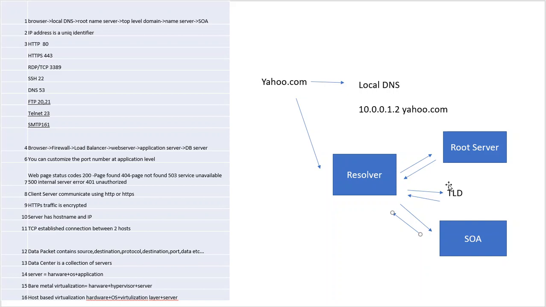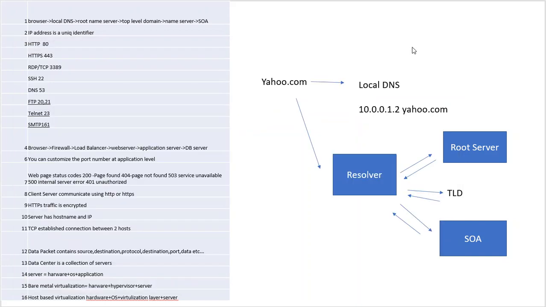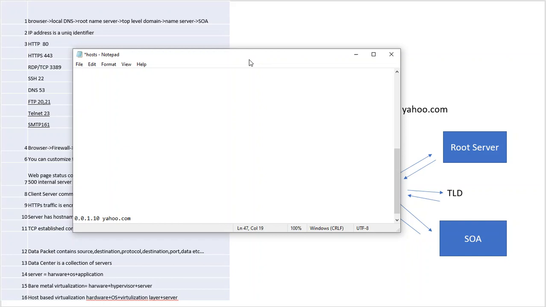You might have a doubt about where to find this. On your laptop, if you go to the path C:\Windows\System32\drivers\etc, there is a file called hosts. Just open the hosts file and type in your IP address and where to go.